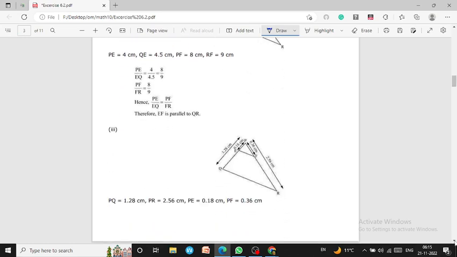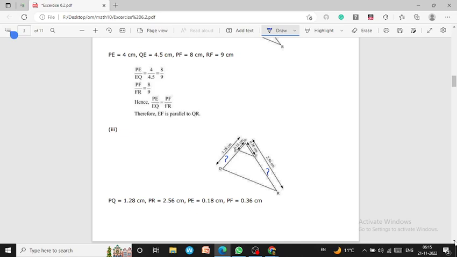Now in the next third point, we have given PE 0.18, PF 0.36, PQ 1.28 centimeter and PR is 2.56 centimeter. First of all, we have to find out EQ and FR.